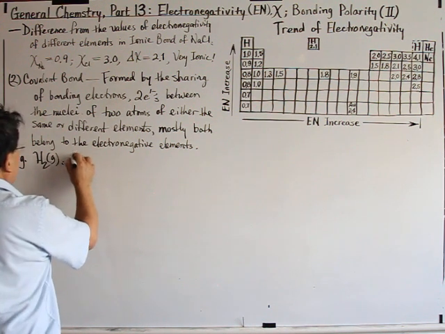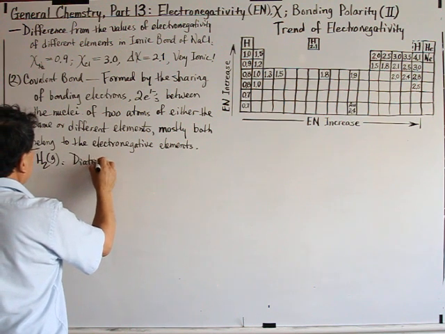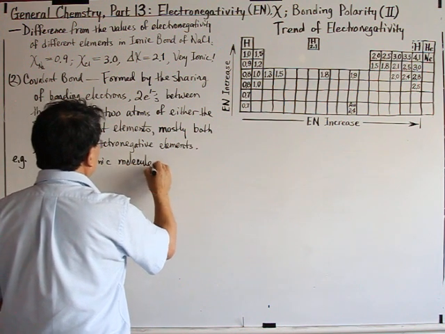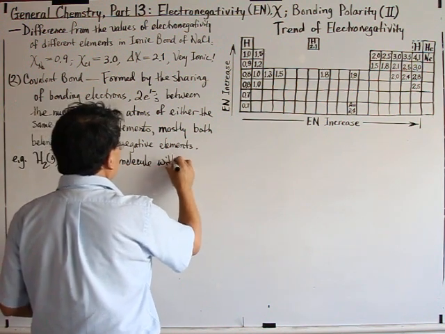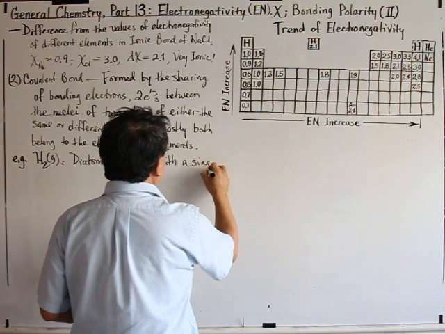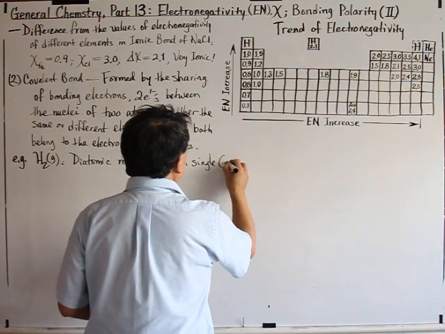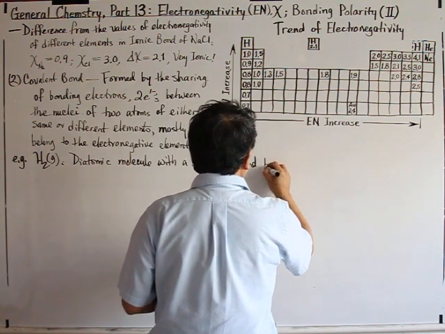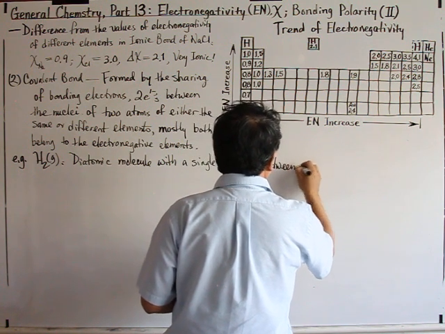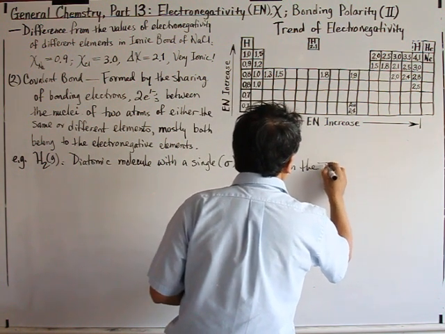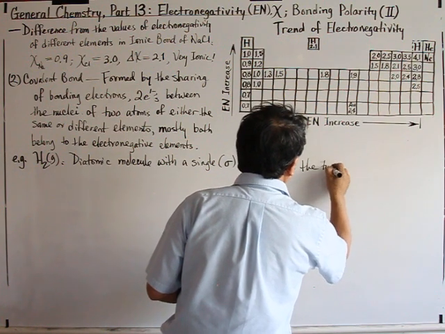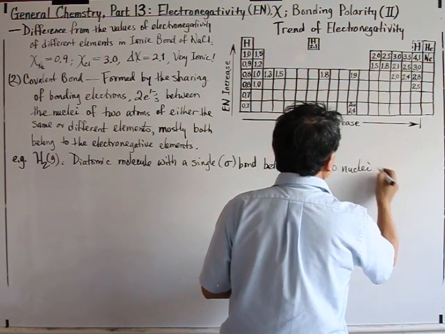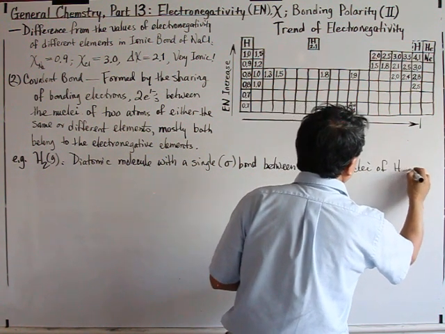Hydrogen gas is a diatomic molecule with a single sigma bond between the two nuclei of hydrogen atoms.